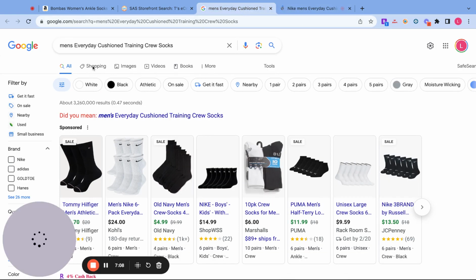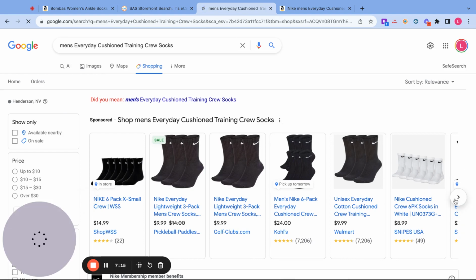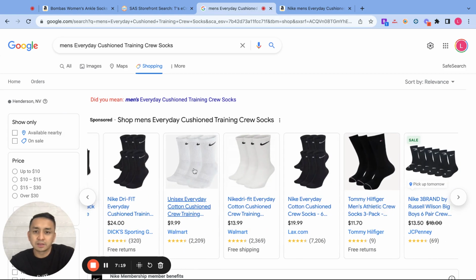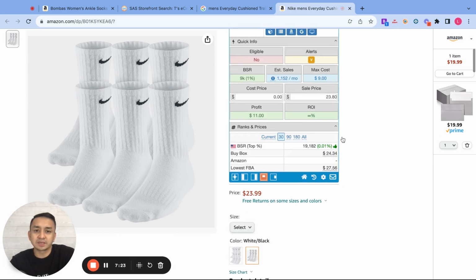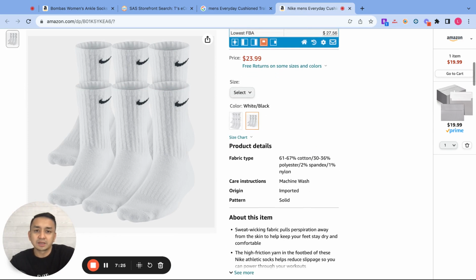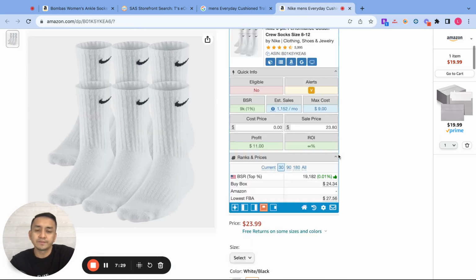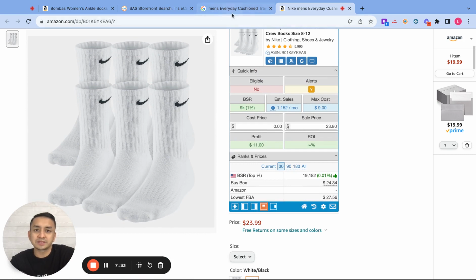Okay, so again, go to Google Shopping. It's that one. This one is a 6-piece, I think. Okay. Yeah, this one is 6-piece.